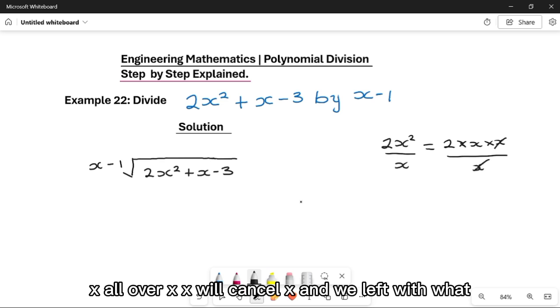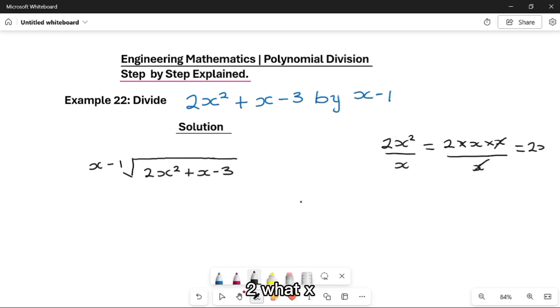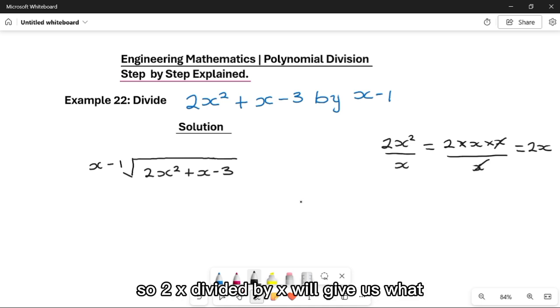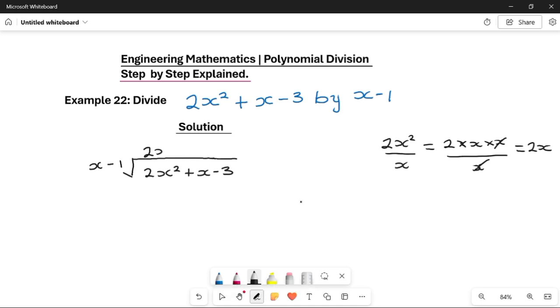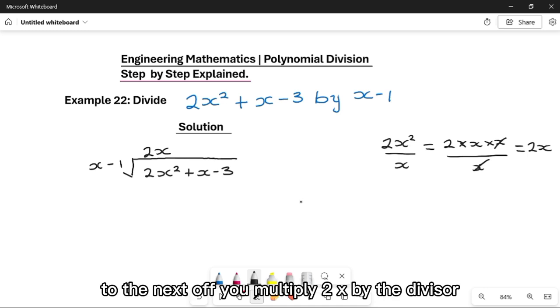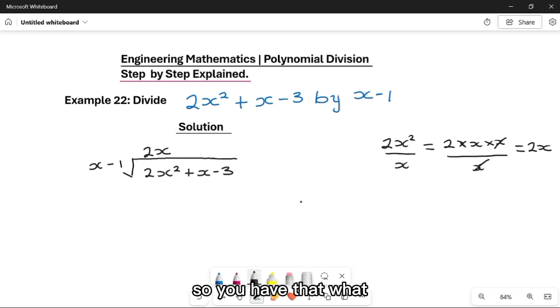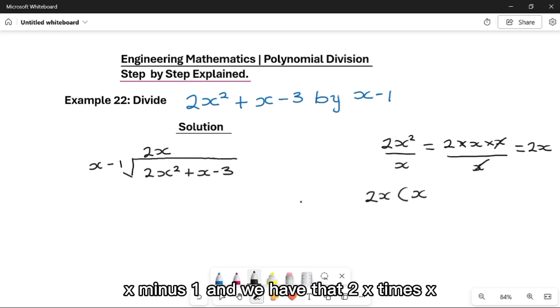X will cancel x and we'll be left with 2x. So 2x divided by x will give us 2x. So next up, you multiply 2x by the divisor. So you have that 2x will multiply x minus 1.